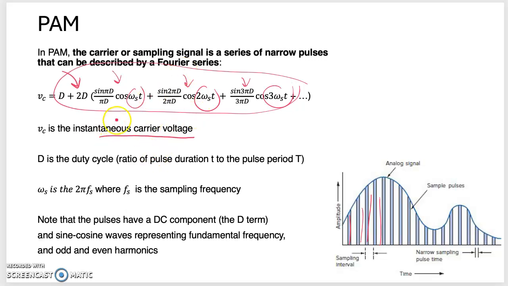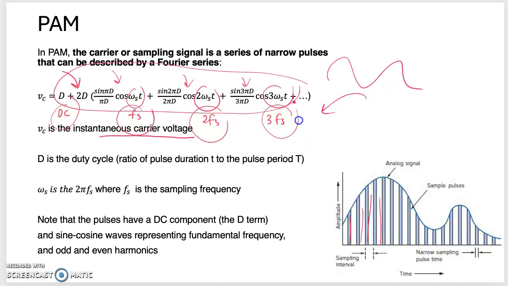So this is Fs, 2Fs, 3Fs, and this is the DC component. You multiply your analog signal with this, and therefore you will get its representation at DC, at Fs, at 2Fs, and 3Fs, and so on.